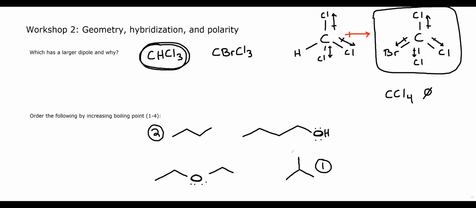Now let's consider our two oxygen-containing compounds. Both of these compounds have dipoles towards oxygen. So we could get some dipole interactions, but the alcohol on top has an OH bond, and that should cue you to think hydrogen bonding.